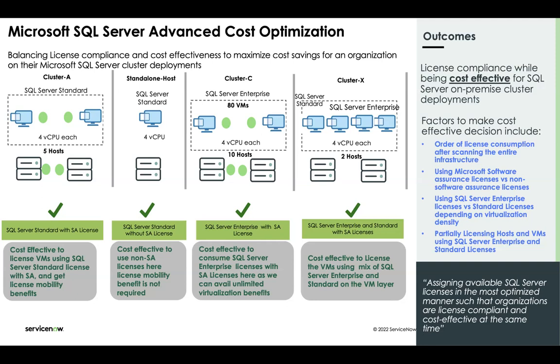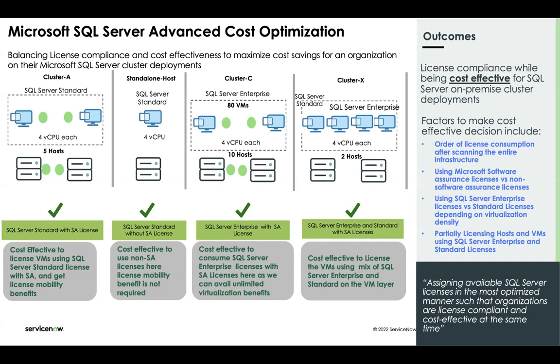For example, if there is a highly virtualized cluster, it's more effective to use SQL Server Enterprise license on the host layer if you have got Software Assurance in place, because if you have got Enterprise with SA and you use it on the host layer, you can run unlimited number of VMs on it. And that is more cost effective.